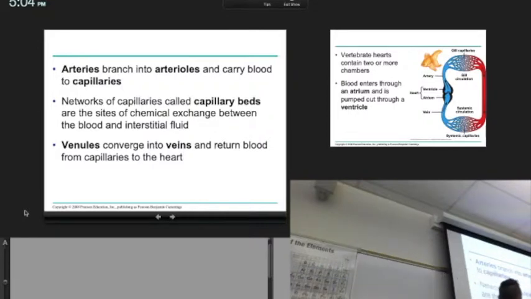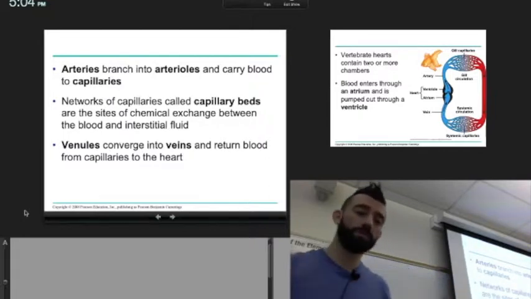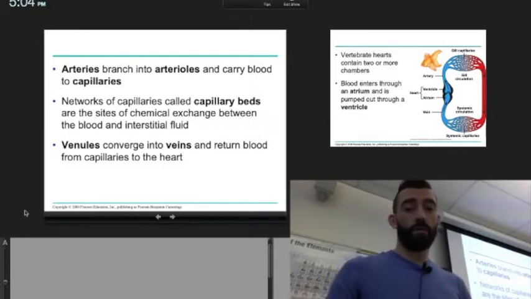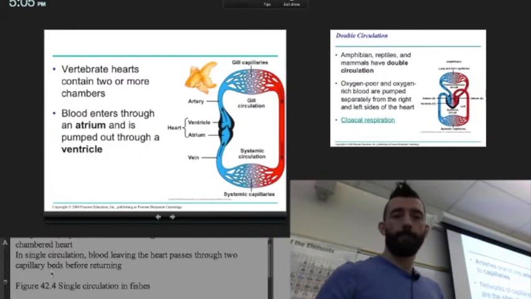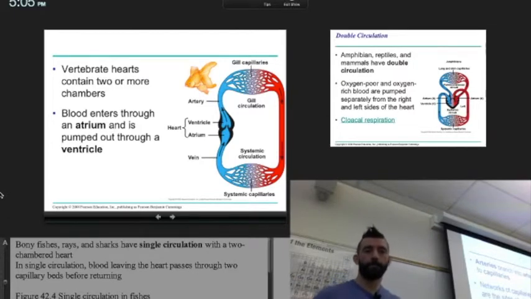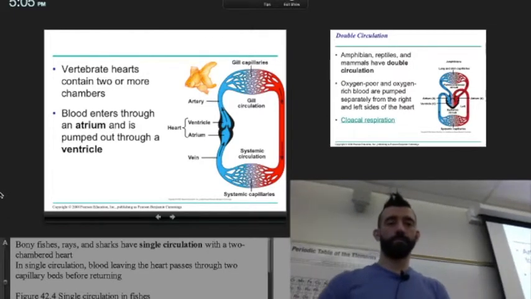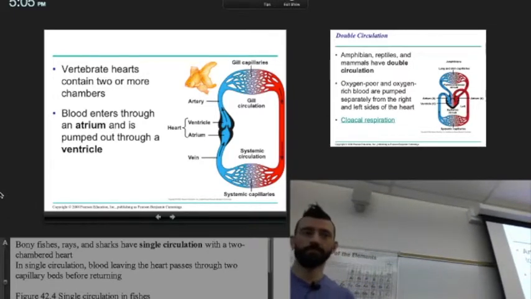Coming from the other end of those capillaries, so now gas exchange has happened, those capillaries converge into venules, which converge themselves into veins, which ultimately return blood to the heart.